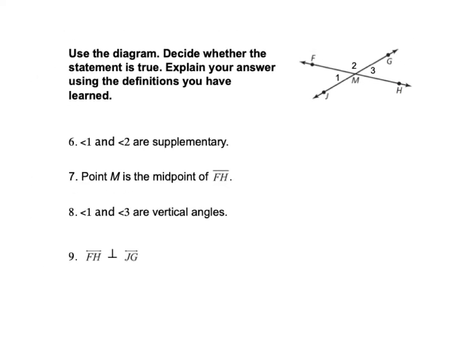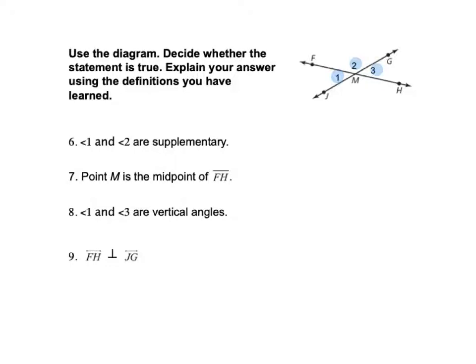But first of all, we're going to do a little reasoning here. Let's go back and think about the things that we know and how we can decide whether or not something is true. In this diagram on the right are two lines that intersect, with labels that indicate angle 1, angle 2, and angle 3. We need to decide whether or not we can look at the diagram, with only the markings that are there and without making any assumptions, and decide whether each statement is true.